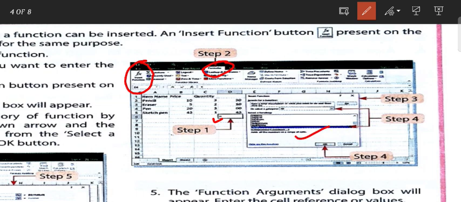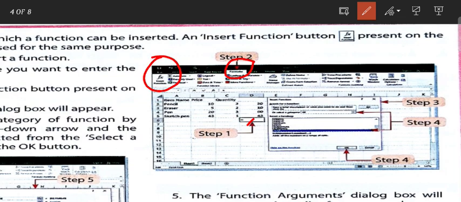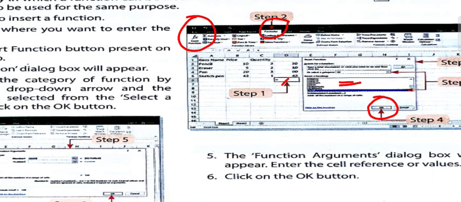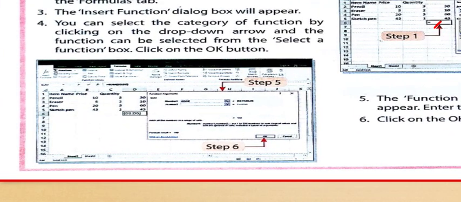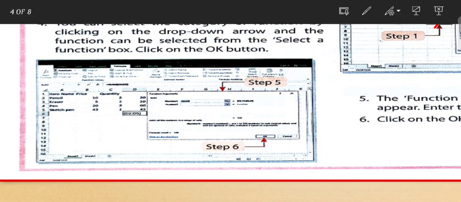In this window, you need to choose the function from the drop down list. After selecting the function, press the OK button. When you press the OK button, a function argument dialog box will appear.